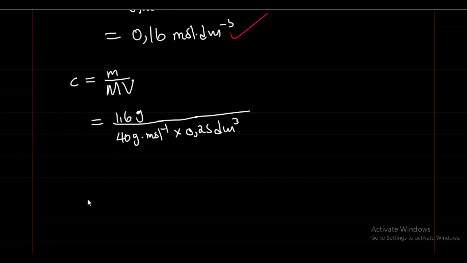You will notice this: here gram cancels gram. This one is per mole and it's on the denominator. If we put it to the numerator, it will be mole. Now on the numbers, 1.6 divided by 40 multiplied by 0.25.